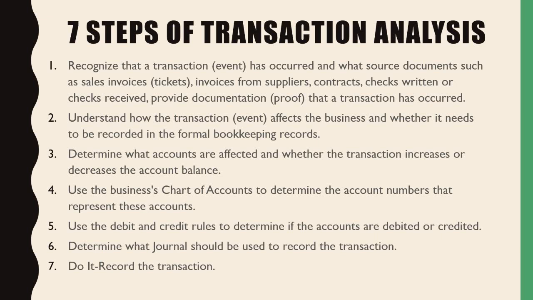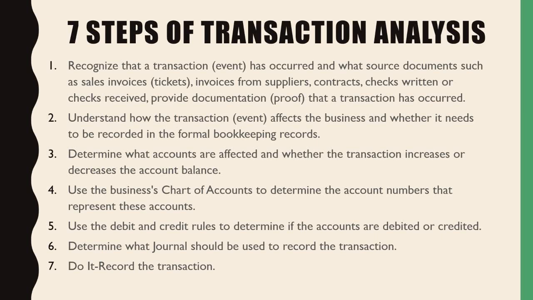Here are the 7 steps in order to understand a transaction and determine whether we need to record it in a book or not. The first one is you need to collect the source document.